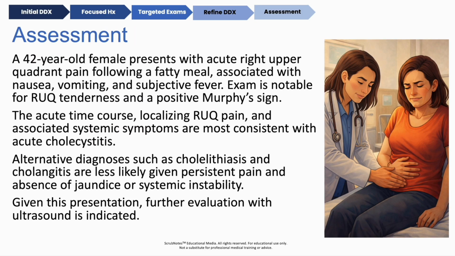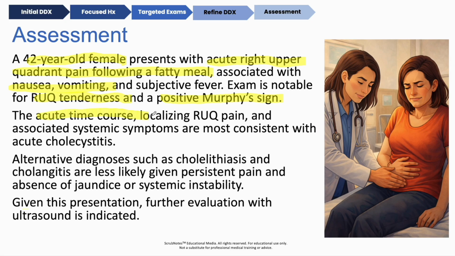Okay, we finally reached the 5th step in our framework, and we're ready to present our assessment. So we have a 42-year-old female who presents with acute right upper quadrant pain following a fatty meal, associated with nausea, vomiting, and subjective fever. In-office exams today are notable for right upper quadrant tenderness and a positive Murphy sign.